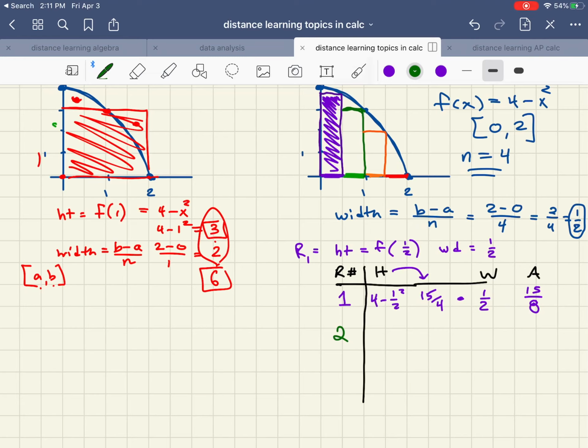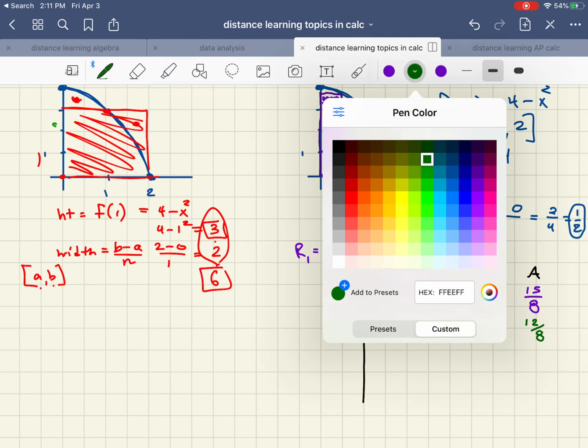Rectangle 2, green. Four minus the x value of the height is at 1. So I'm going to plug in 1. This one's a little bit better. I get 3 times the 1/2 gives me 3/2, which is the same as 12/8. I'm going to keep them all as a common denominator.